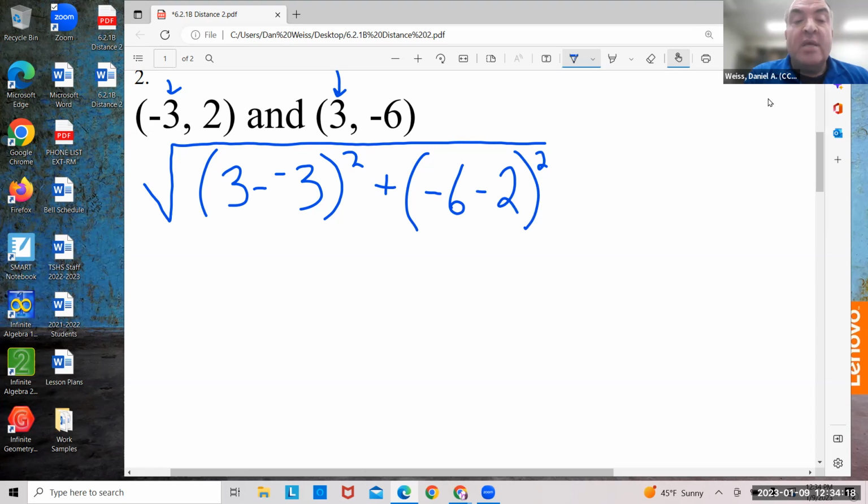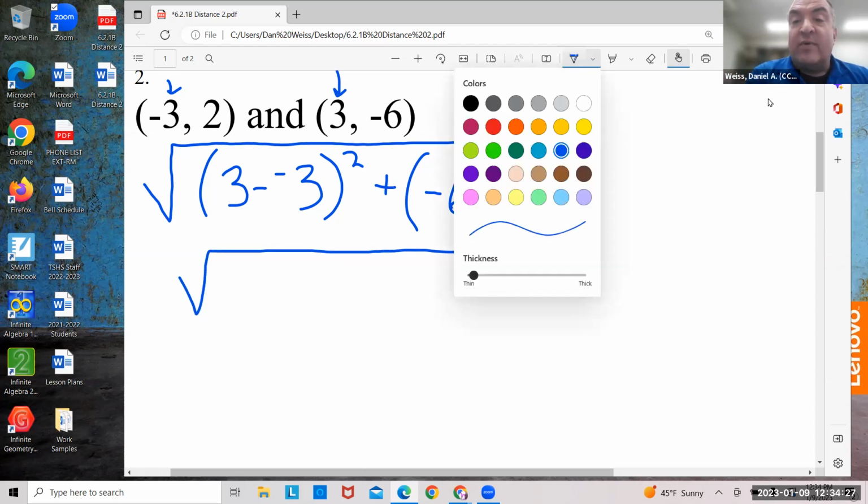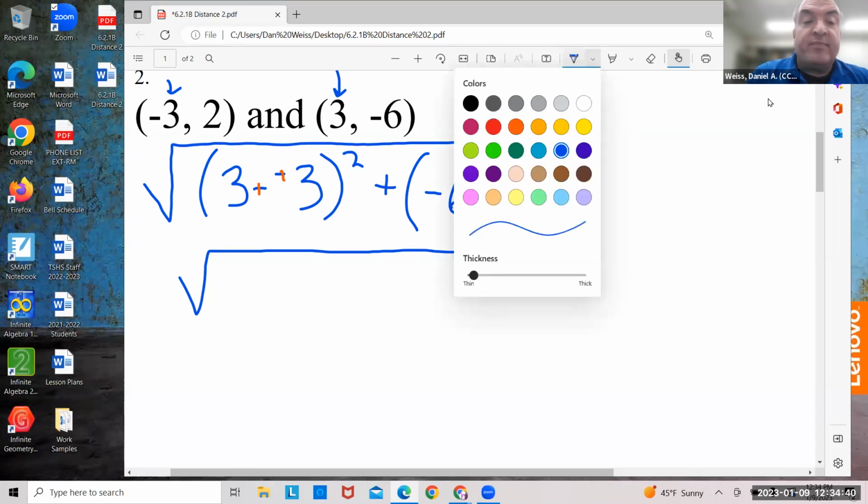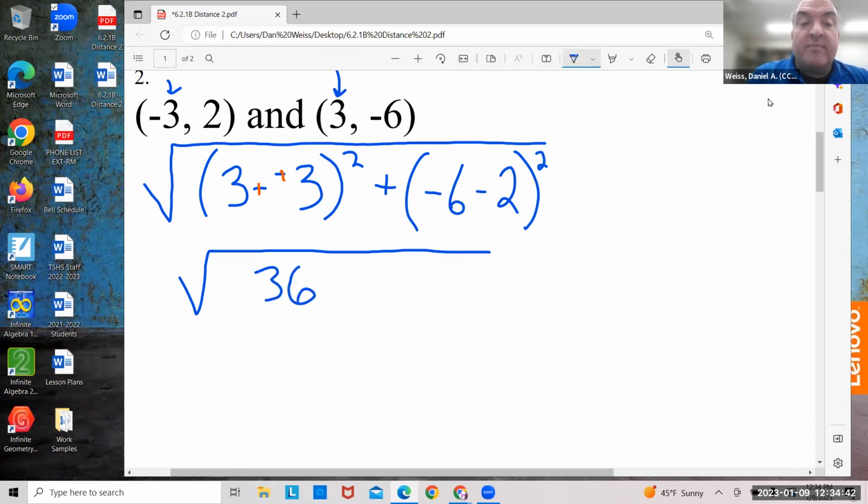Okay. So 3 minus negative 3, that's, don't forget the 2-stick rule, right? 2 sticks, right? Bam, bam. Remember that? So it's 3 plus 3 is 6. And 6 squared is 36, right? Okay.